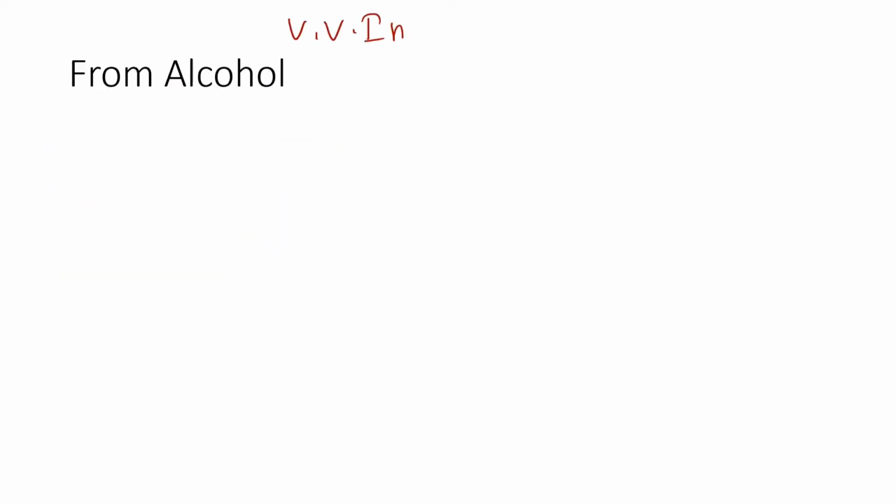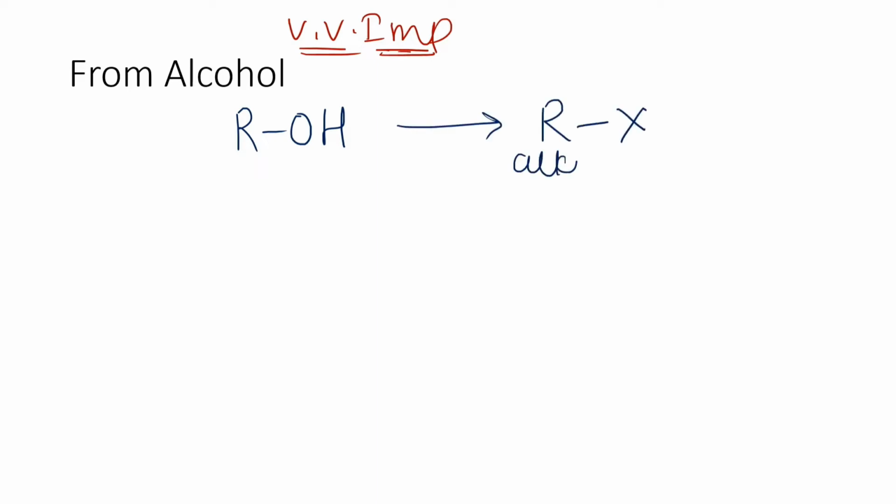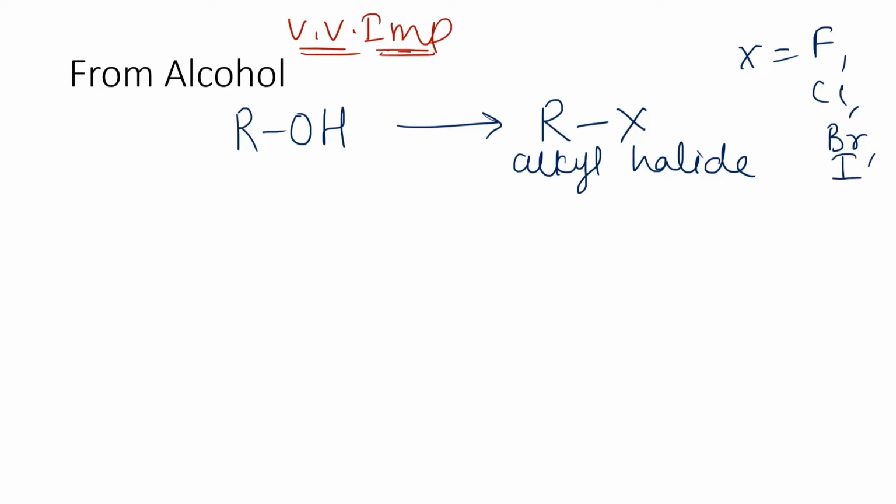A very important method of preparation is from alcohol, because from alcohol again there are many reagents using which we can prepare the alkyl halides. As alcohols can be converted to alkyl halides. Okay, this is alkyl and this is halide, right? So fluorine, chlorine, bromine, iodine, we are talking about all of these.